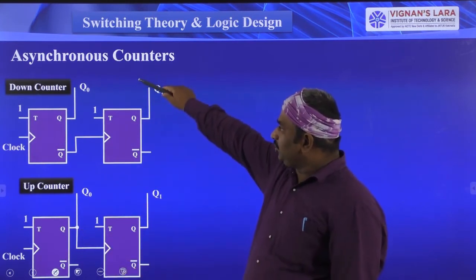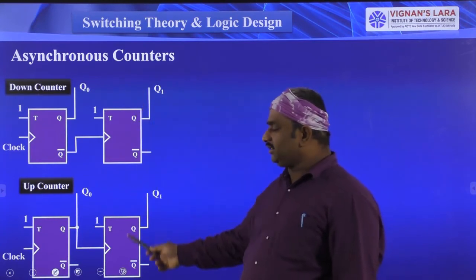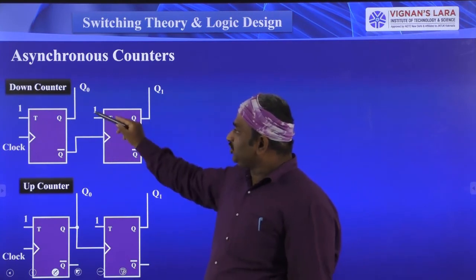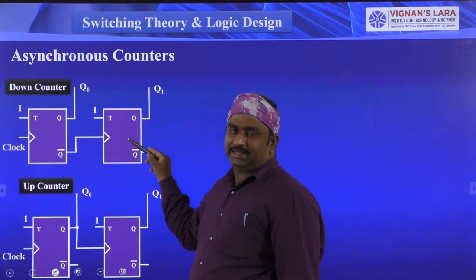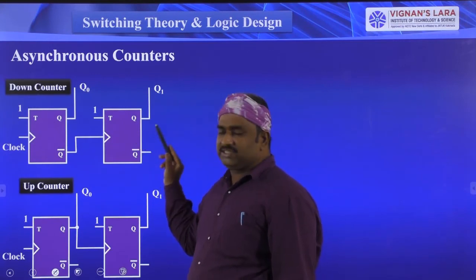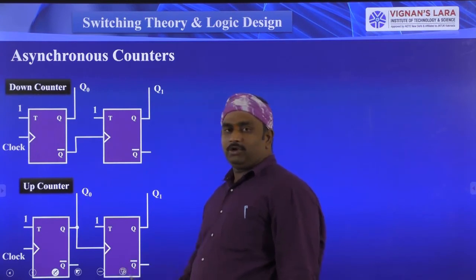So these two are the asynchronous counters; the first one is down counting and the second one is up counting. The change you can observe here is that the complemented output is connected to the clock pulse of the second flip-flop, while here the original output is connected to the second flip-flop clock signal.